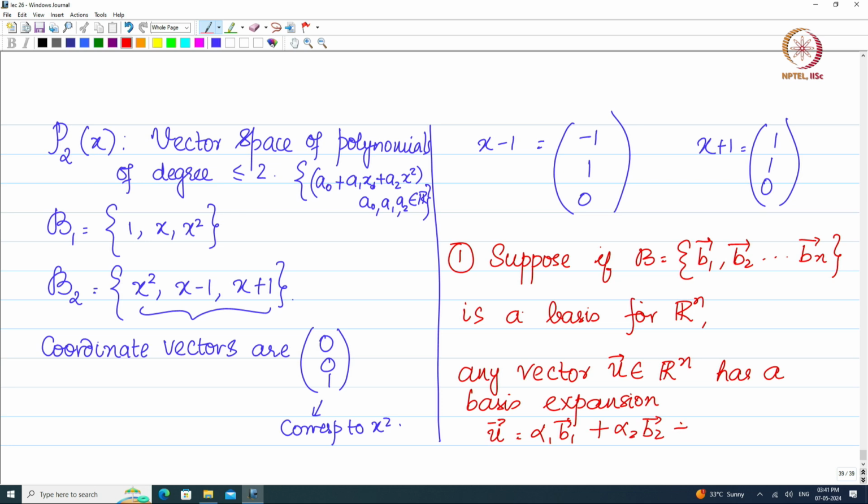Our task is basically to find these alphas, which we already know. When we said linear combination of vectors, all we need to do is put these b1, b2, bn in a matrix and then figure out the values of the scalars, which is alpha 1, alpha 2, etc. Is that clear? This is called the basis expansion.